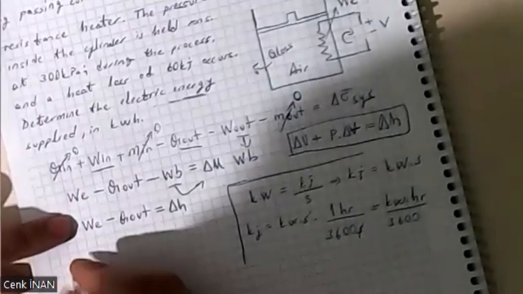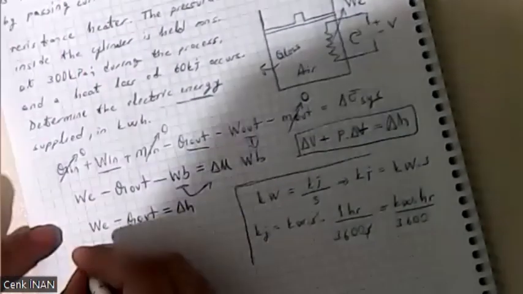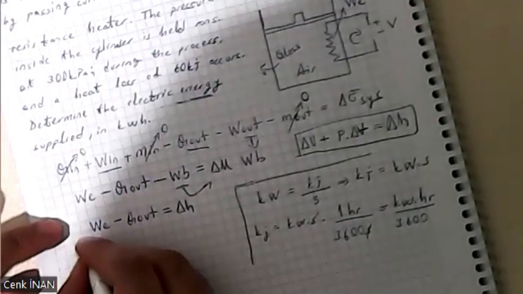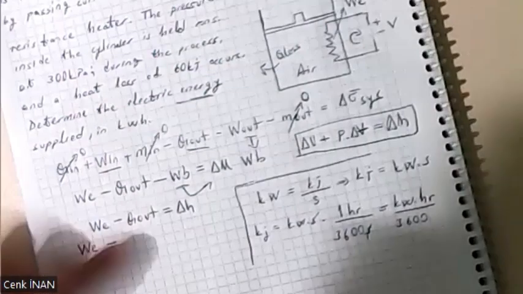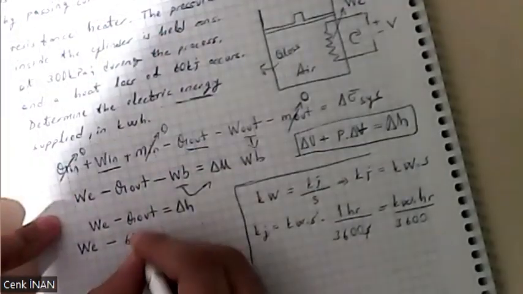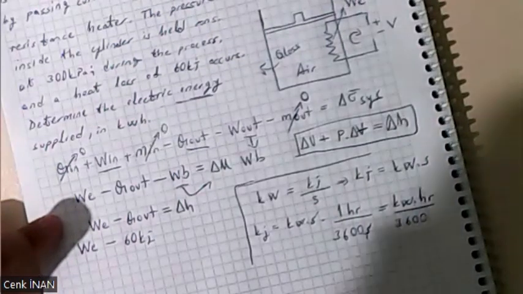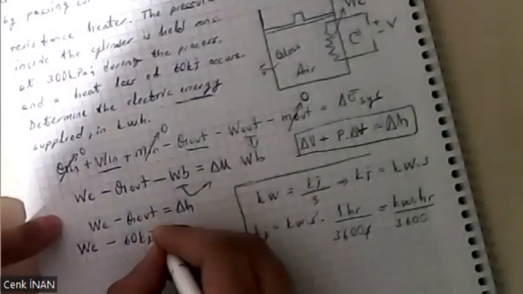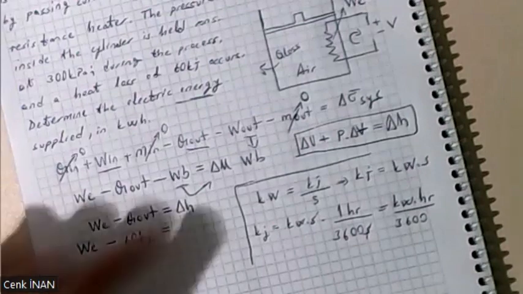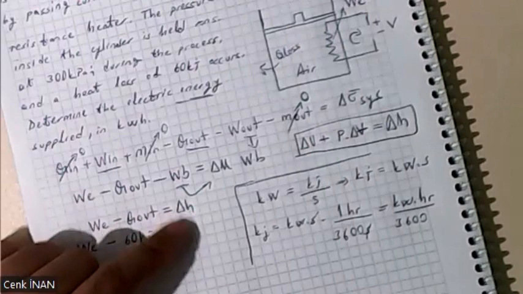The electrical work is not known, so it is asked of us to find it. Electrical work minus Q out. What is Q out? It is 6 kilojoule. Then delta H. We can use the constant specific heat method here.